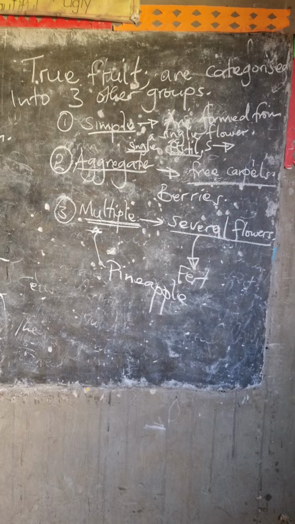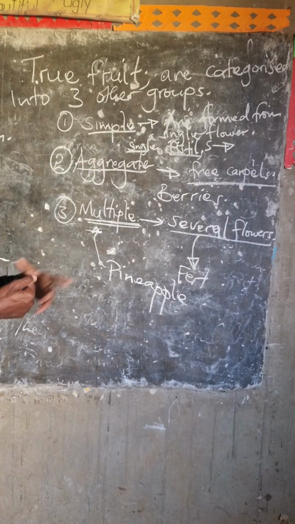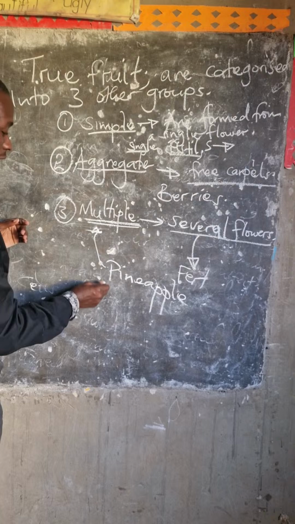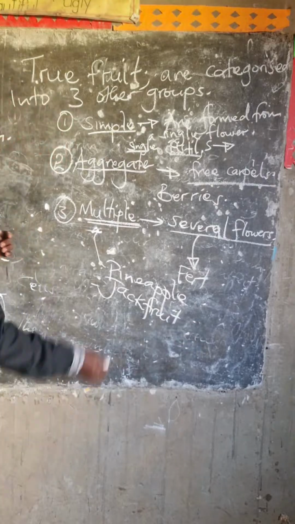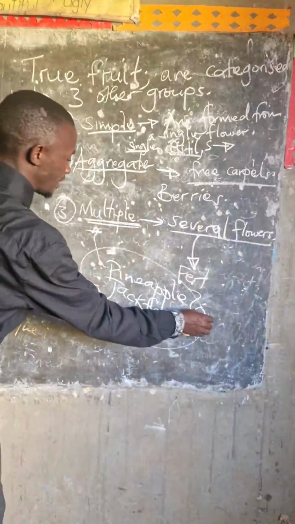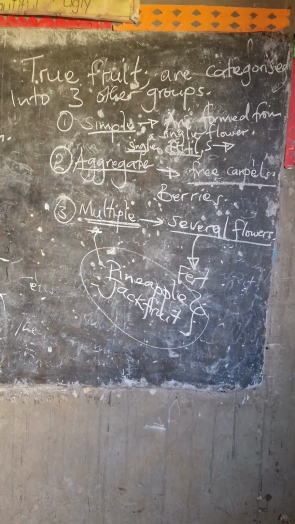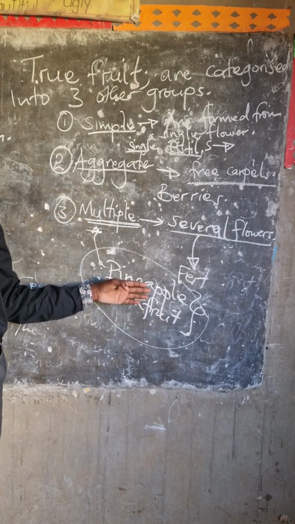You're giving good examples. The oranges, the beans, the tomatoes, and so many other fruits are made of a single flower with a single pistil made up of a single couple or several couples fused together. For the multiple fruits, we can give other examples like the jackfruit. In the jackfruit, many flower ovaries join up after fertilization to form a single fruit. So those are multiple fruits. You can look for more examples to add on these two.